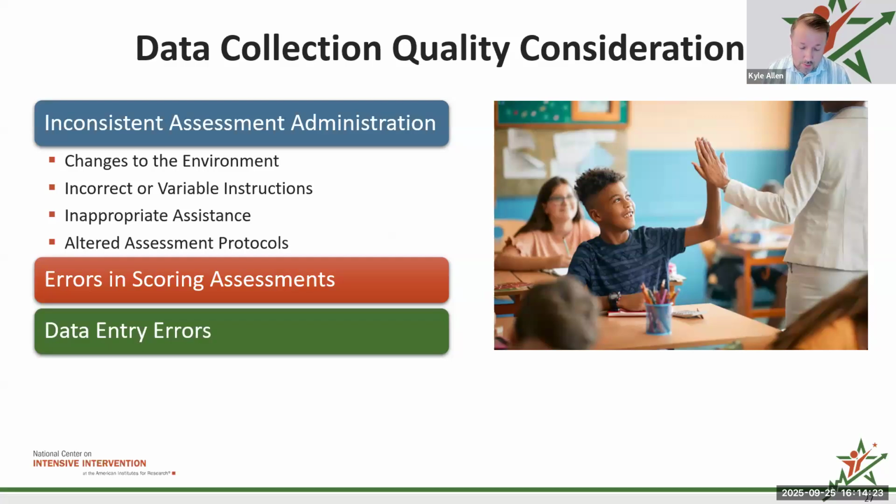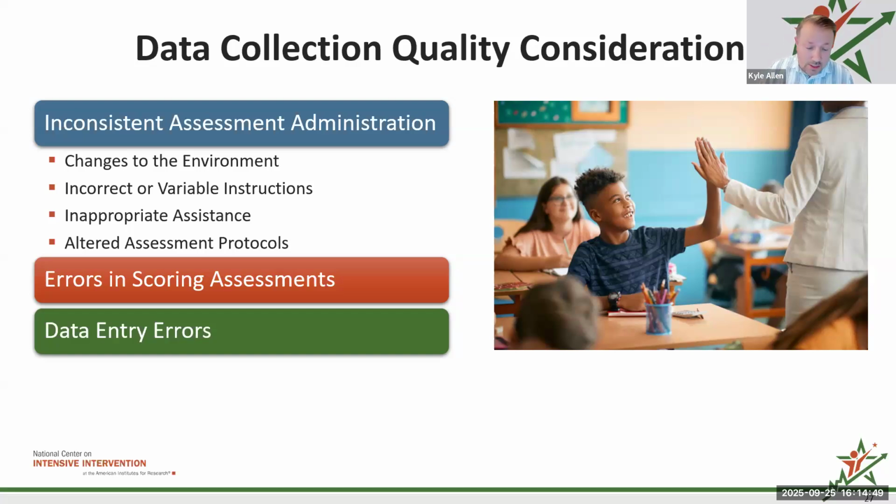We always talk about, when we talk about this idea of collecting and graphing, this idea of data collection quality considerations, right? And you all know, I talk about this all the time. NCII and a lot of our other centers live in this research world. I look at a lot of things through the practice lens because that's what I spent a lot of my career doing.